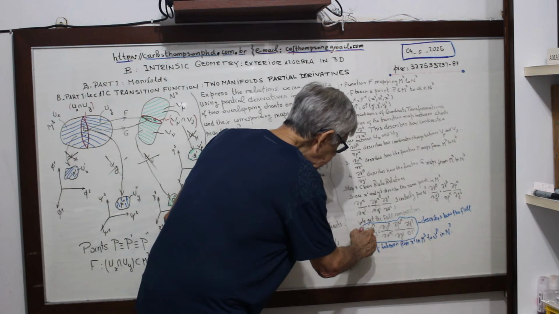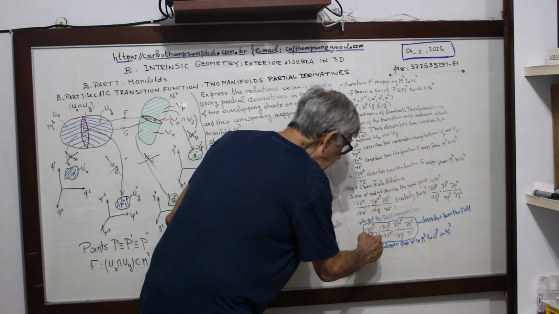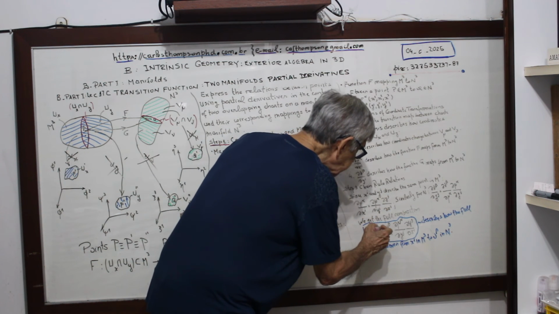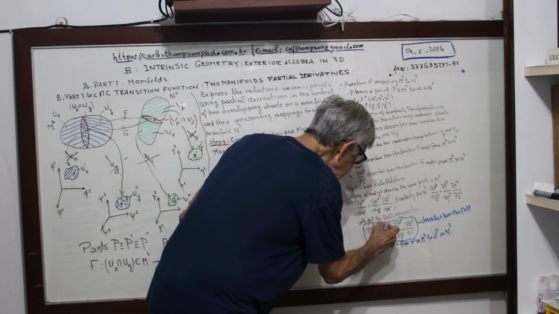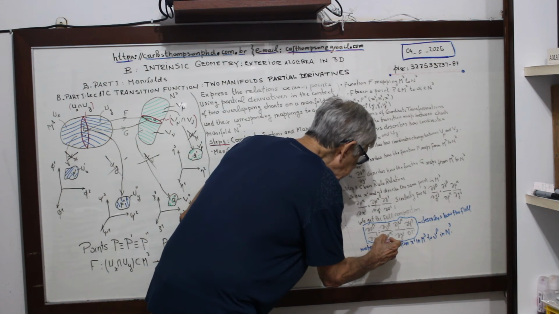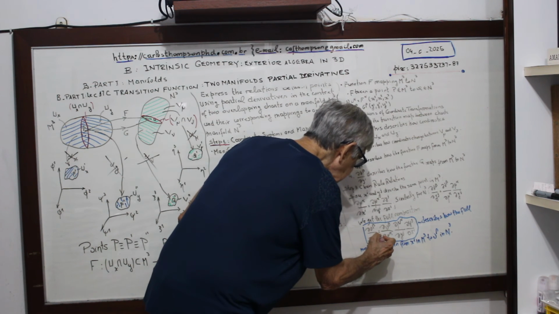So partial of these coordinates, again, with respect to xi. Look at here. This one here is the same as this. And partial of mu alpha, this is partial of xi.